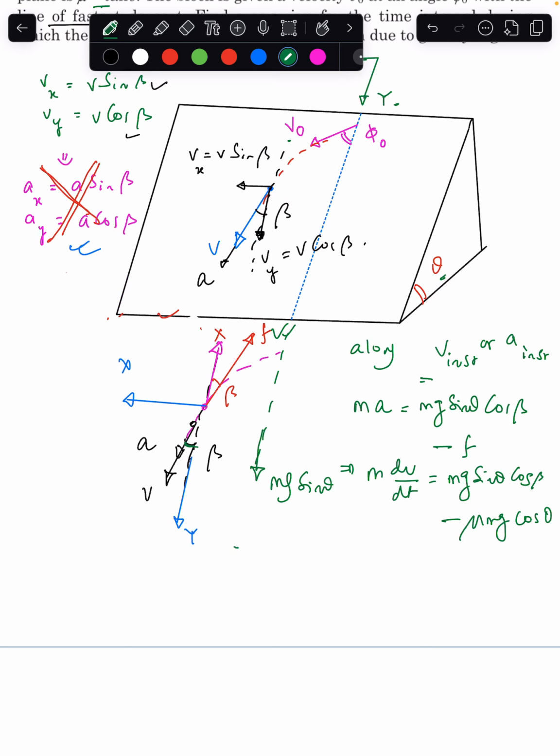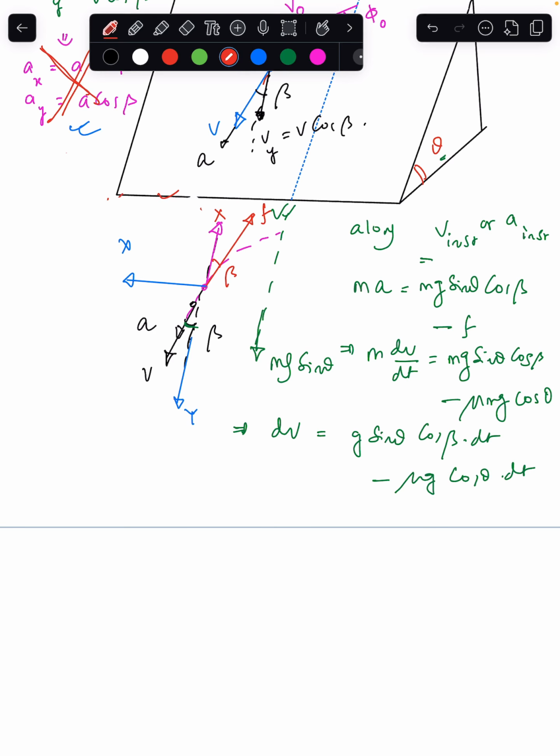Please check, if I cancel m from both sides, dv is equal to g sine theta cos beta dt minus mu g cos theta dt. I can integrate this result.